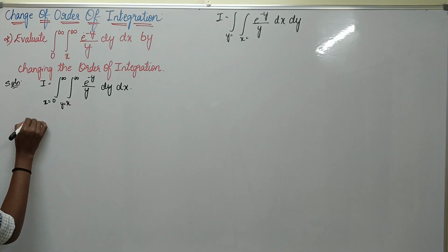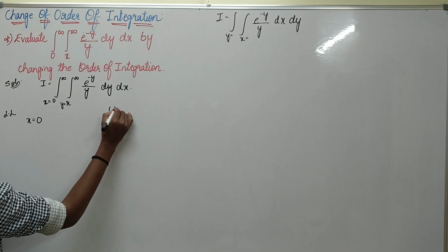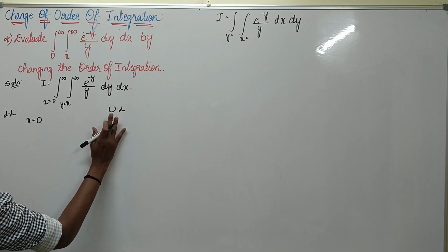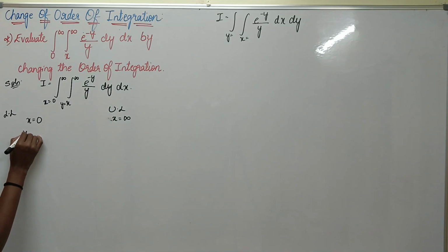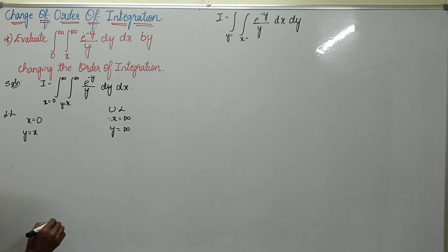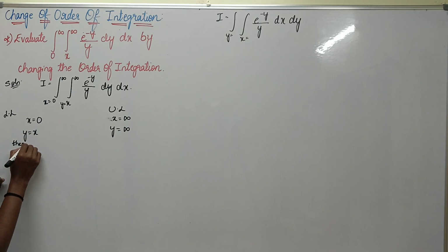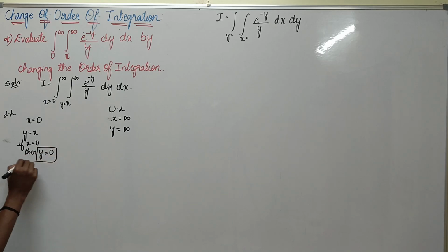How? First, consider the given x equal to 0, this is the lower limit, and this is the upper limit, x equal to infinity. Now we have y equal to x and y represents infinity. Now if I substitute x equal to 0, then y equal to 0.